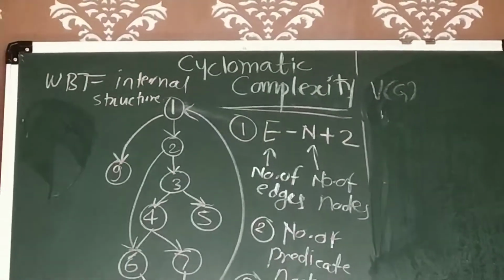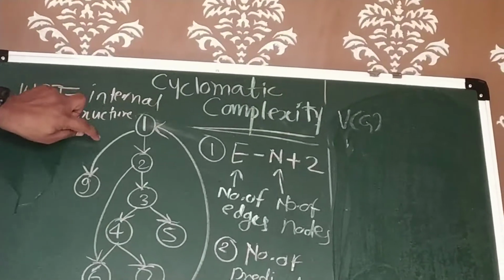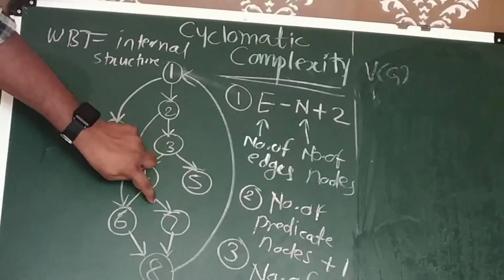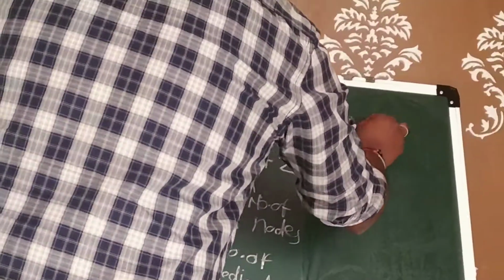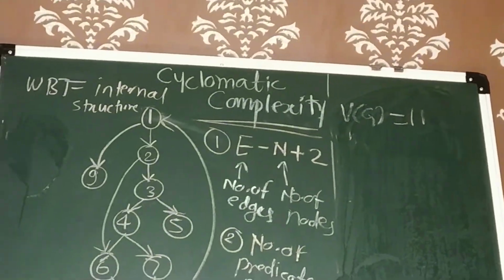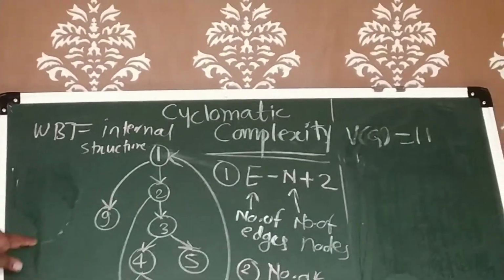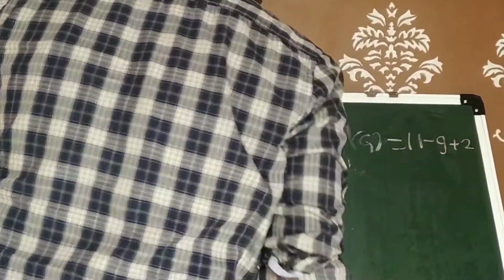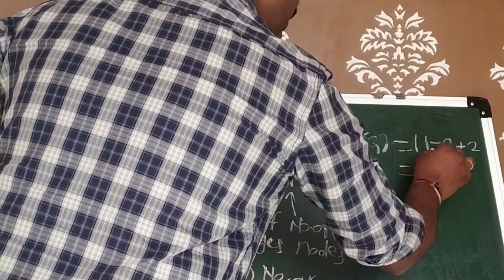How many edges are there in the given flow graph? 1, 2, 3, 4, 5, 6, 7, 8, 9, 10, 11. The number of nodes are already labeled; the number of nodes is 9, plus 2. It gives you 4.